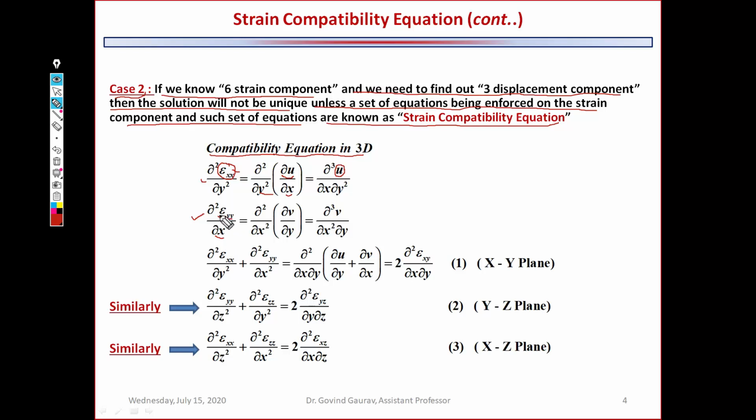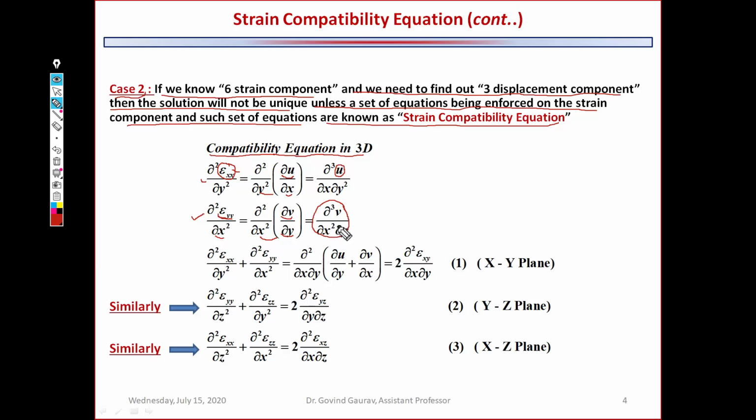Now we know the value of epsilon naught yy. What is epsilon naught yy? It is del v by del y.